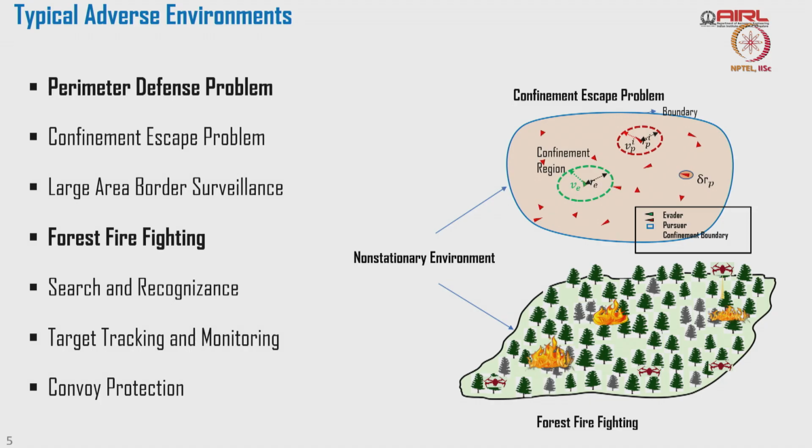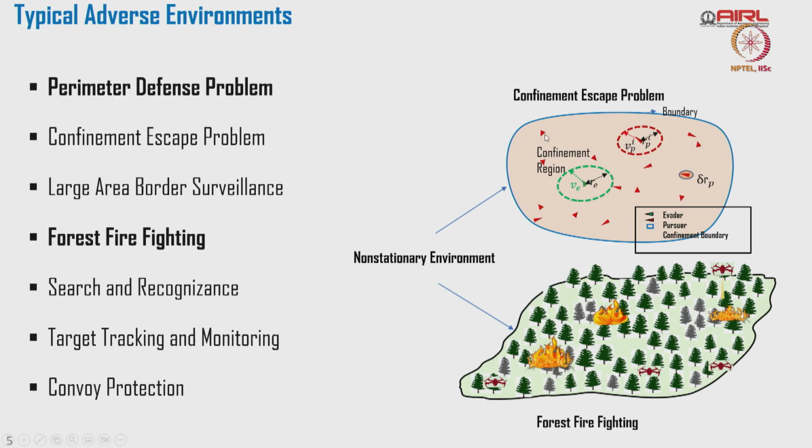Now look at various other problems. One of the interesting problems is confinement escape, right. There is a drone which enters the region for collecting some information. The objective of the drone, after collecting the information, is to escape from the boundary before it gets caught by other agents.